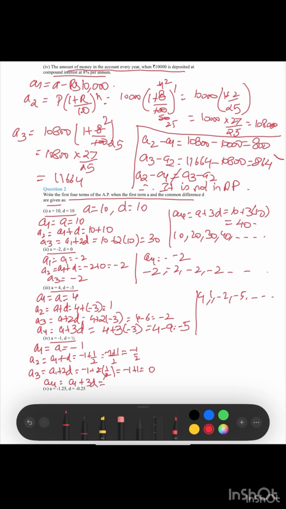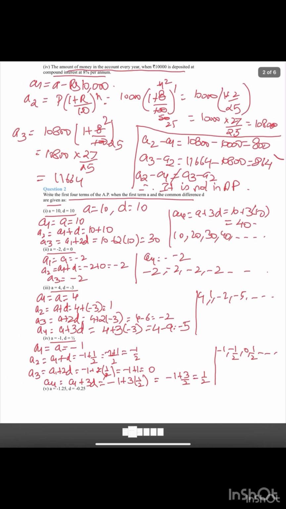That means minus 1 plus 3 into 1 by 2. On taking the LCM and further simplifying this, I'll get my LCM as 2. So this will become minus 2 plus 3 upon 2, which is equal to 1 by 2. So my series will become minus 1 by 2, 0 and 1 by 2 and so on.